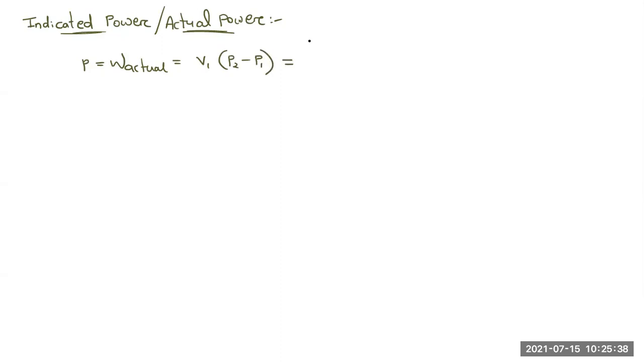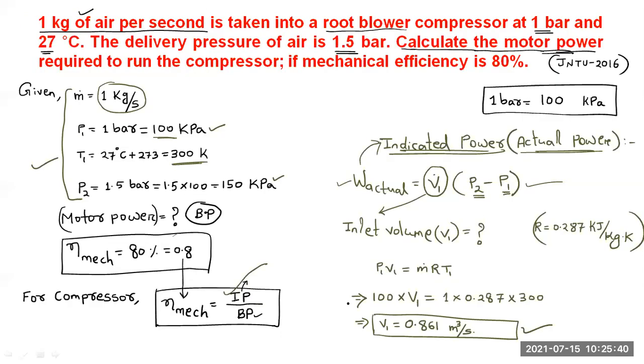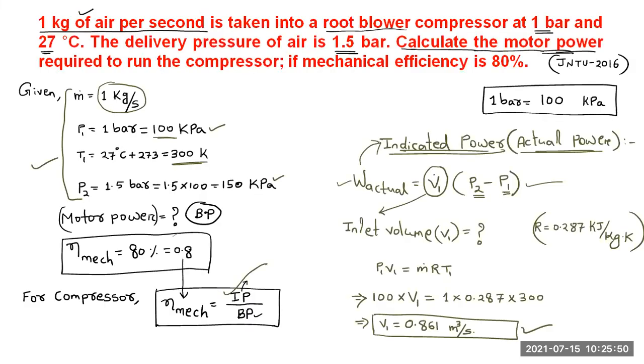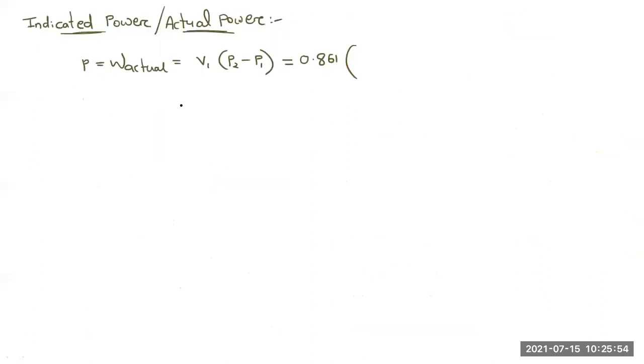V1 value we have got is 0.861, into P2 minus P1. P2 is 150 kilopascal, P1 is 100 kilopascal, so 150 minus 100. Somebody tell me what answer we are getting over here?